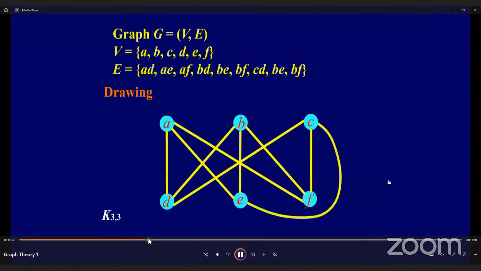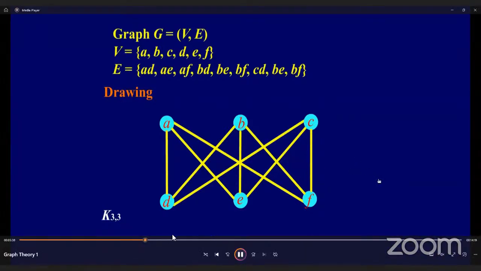And with the application to electrical design or an electrical circuit, this one is not good because the crossing is not good. So we have to try to move either the vertices or the edges so that there's no crossing.